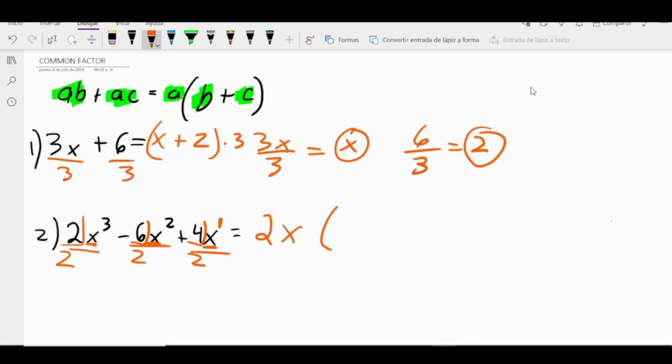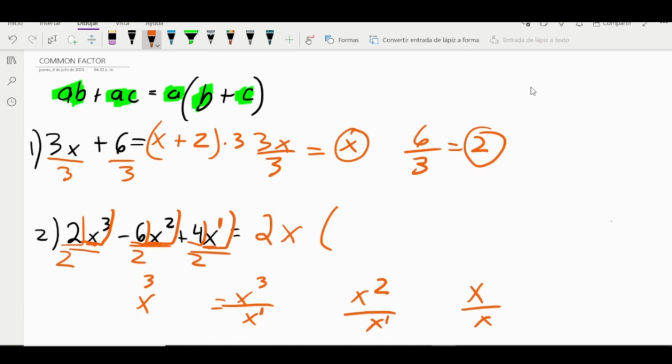Also, let me tell you something, because it's important. Imagine that you're going to divide x cubed by x, x squared by x, and x by x, because we have these ones: x cubed, x squared, and x. So x cubed divided by x, applying the properties of the exponents, is going to be a subtraction with the exponents.